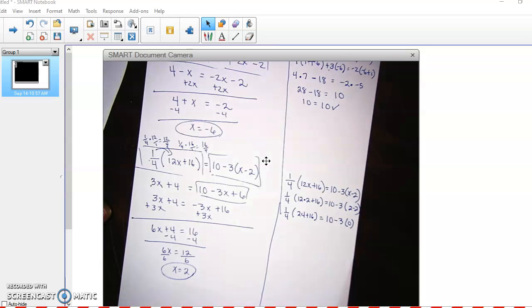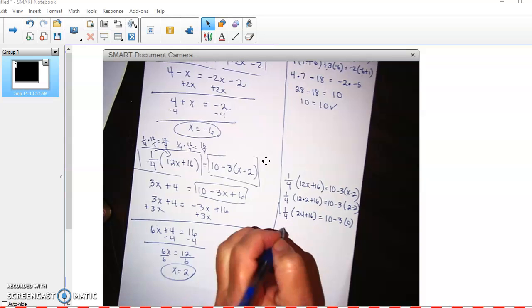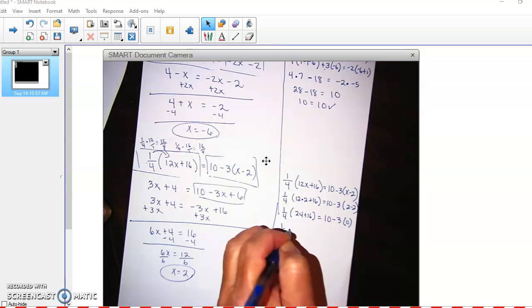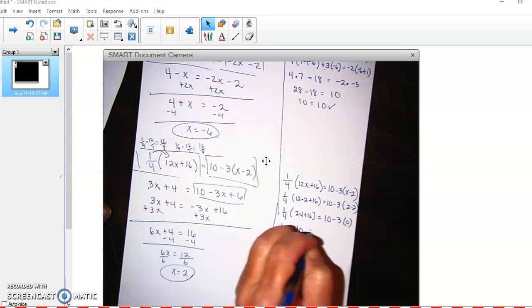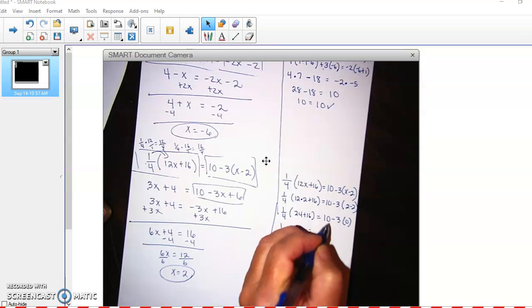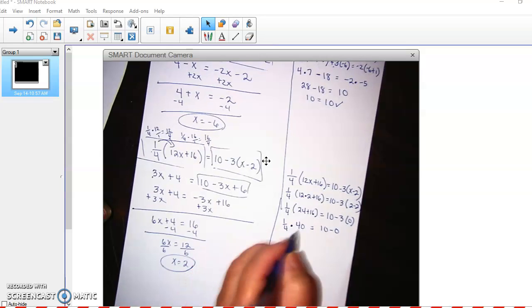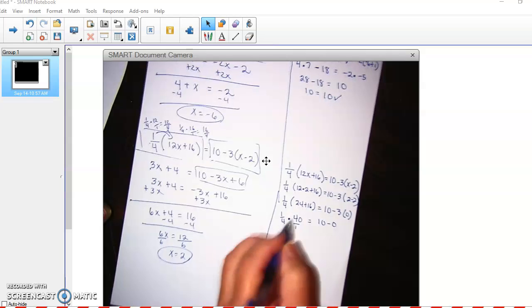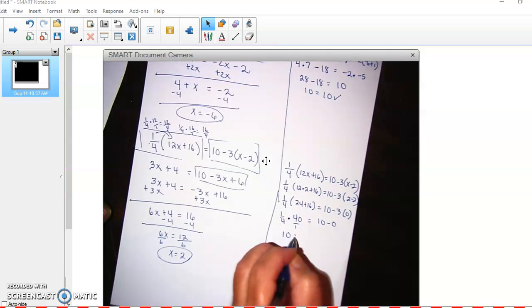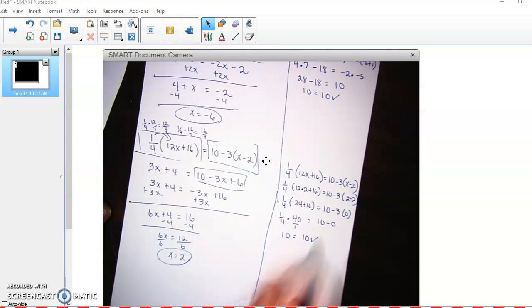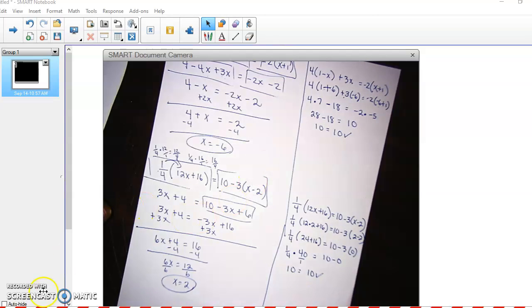Okay, so 24 and 16 is 40. So 1/4 times 40 equals 10 minus 0. So 1/4 times 40 is the same thing as 10, right? Equals 10. So we know that answer is correct.